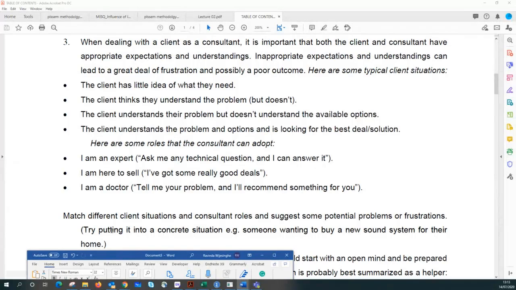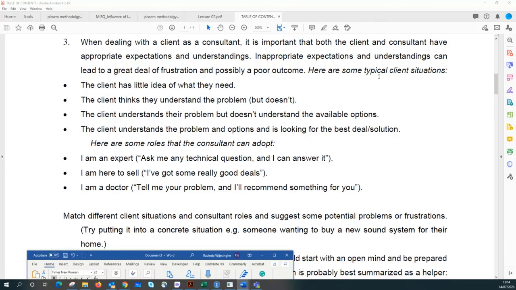When dealing with a client as a consultant, it's important that both the client and the consultant have appropriate expectations and understanding. Inappropriate expectations and understanding can lead to a great deal of frustration and a poor outcome.